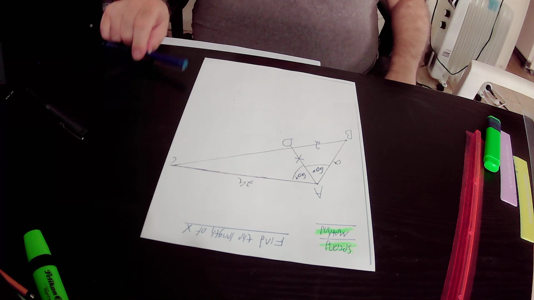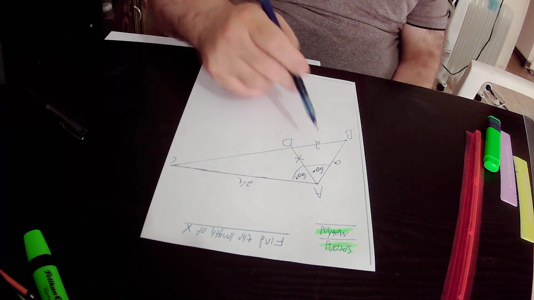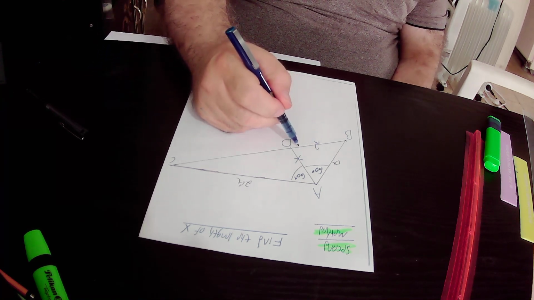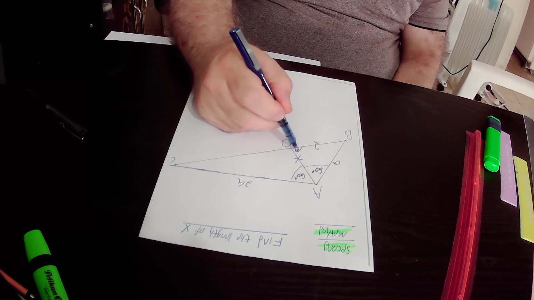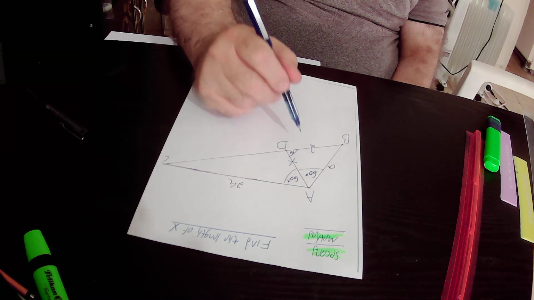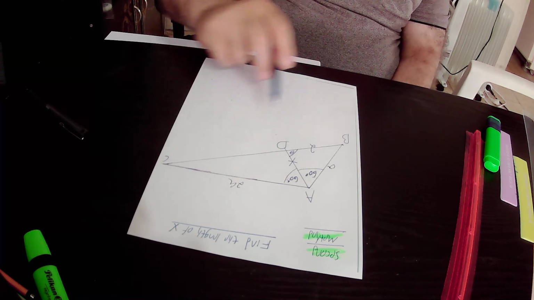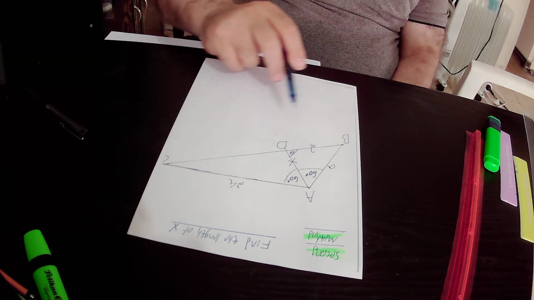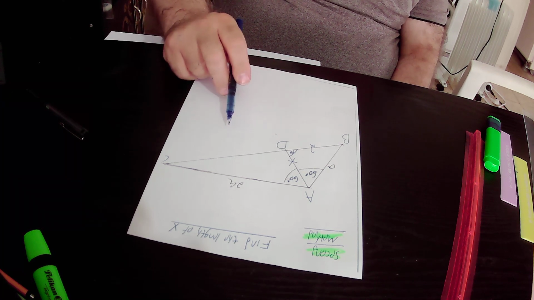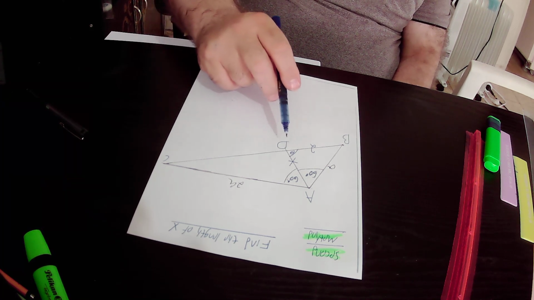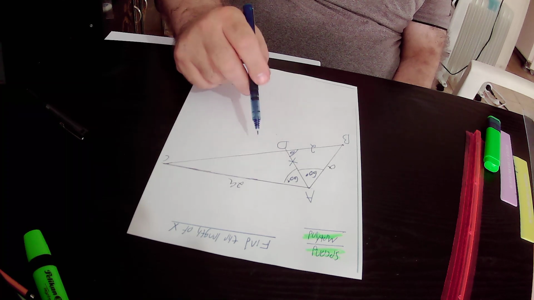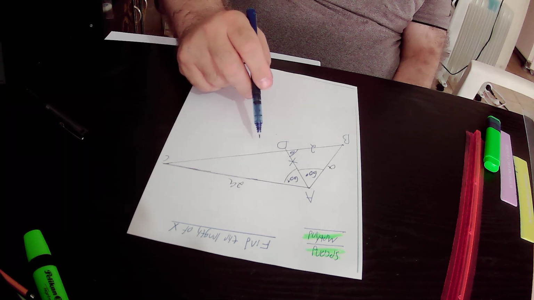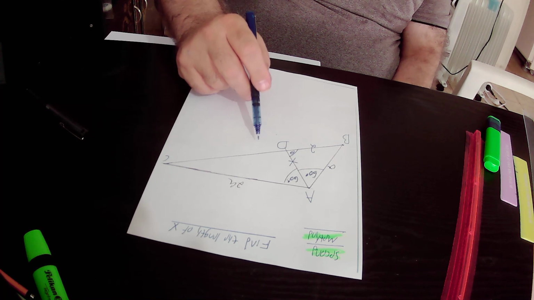In the second method, we define angle ADB as theta. So if angle ADB equals theta, and BC is one side of triangle ABC, it is a straight line, then we know that the sum of the angles on one side of a straight line is equal to 180 degrees.